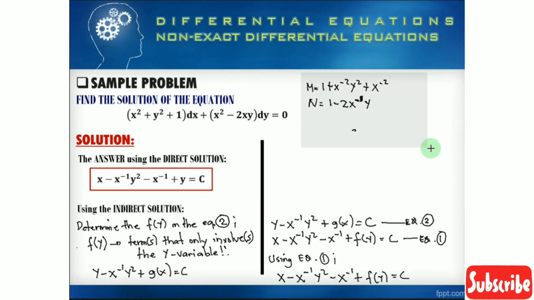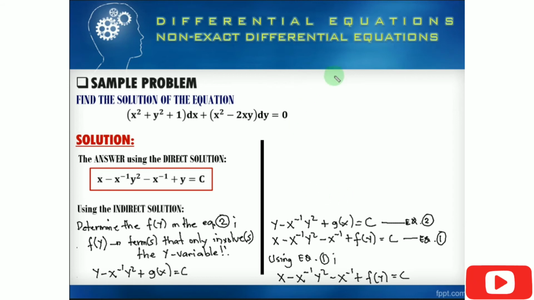So before we proceed, let us first rewrite these two equations. For equation 1 we have x minus x raised to the negative 1 y squared minus x raised to the negative 1 plus f as a function of y is equal to c, and this is our equation 1.